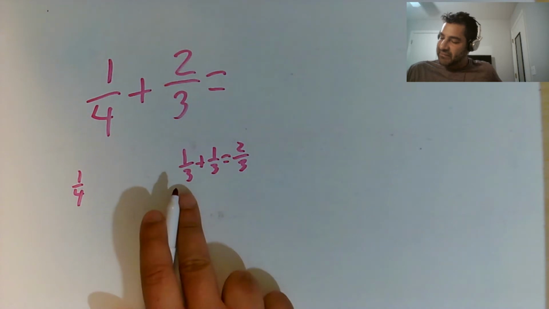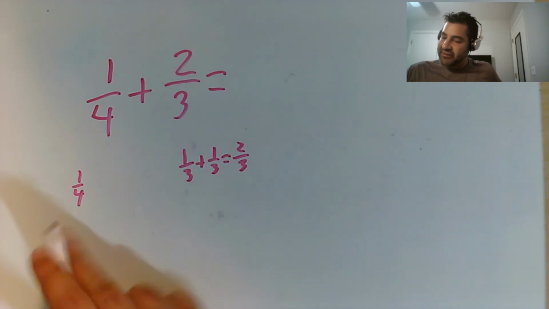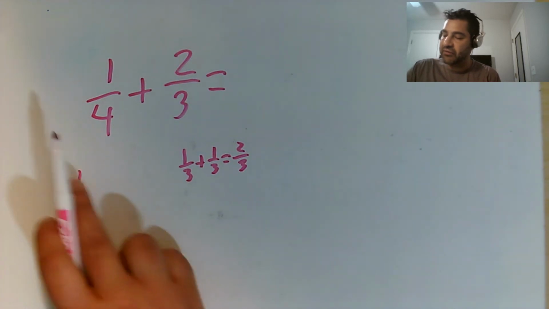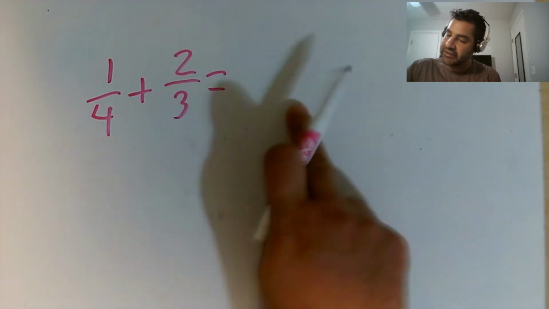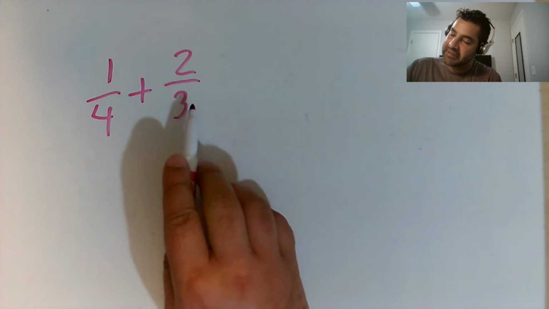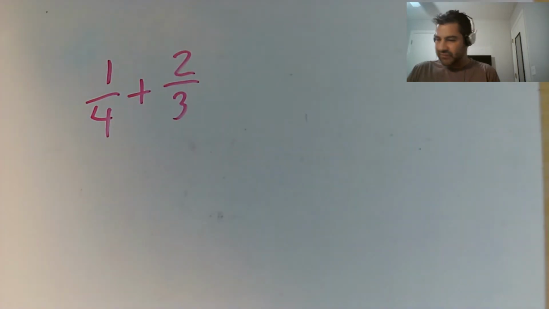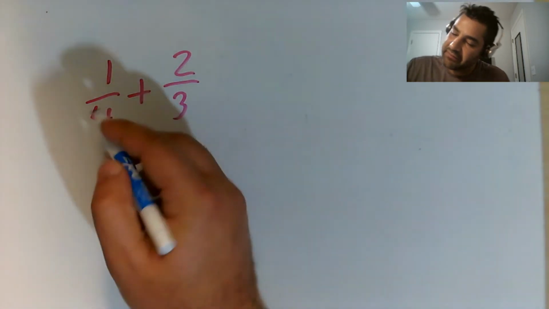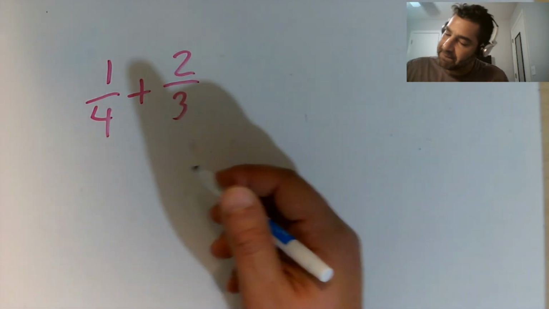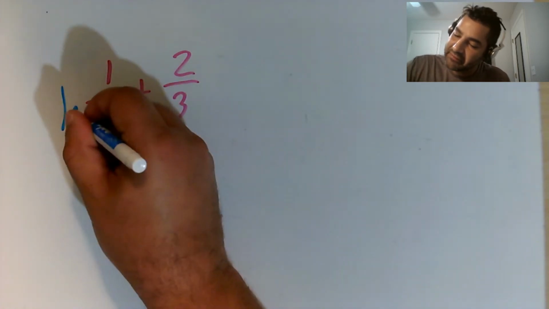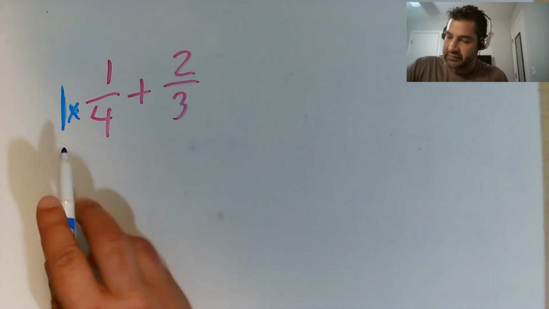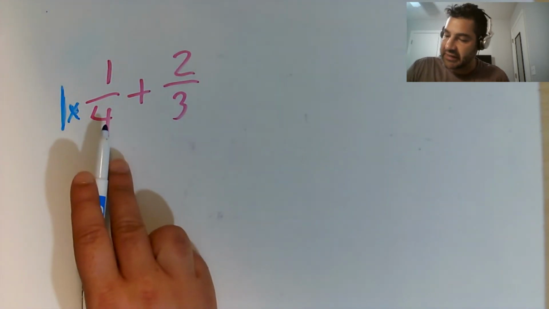But a third isn't the same as a fourth. They're different amounts. So what you've got to do is change the form of each number so that your denominators are the same. What do you mean change the form? I mean, you can multiply 1/4 by 1, and you'll get the same exact answer, right?